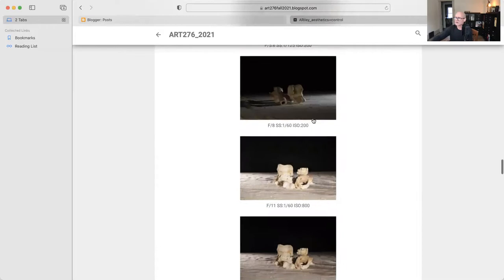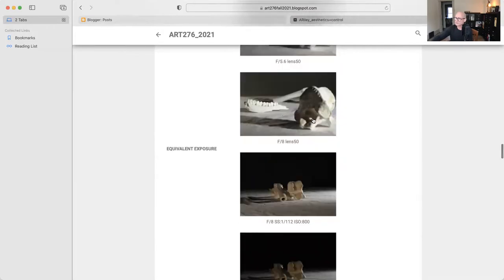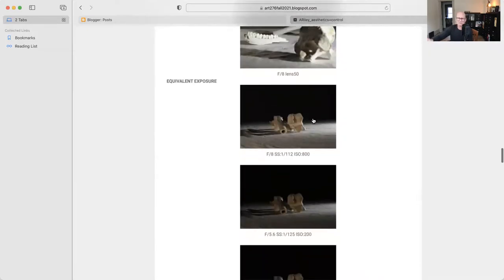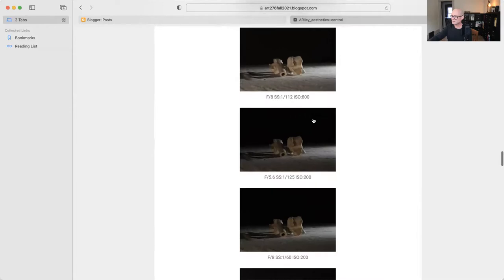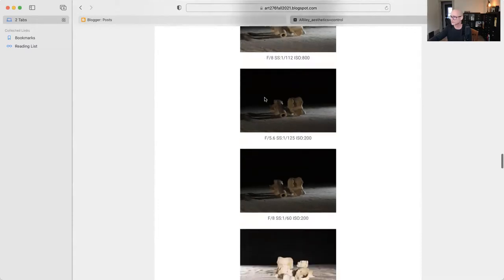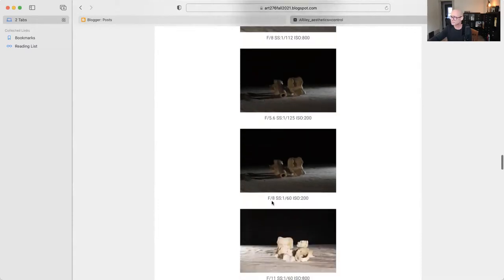Now, you kind of jump over here to the equivalent exposure. We'll take a look at that. That's just basically a math problem that we have to work out. We started off by asking you to set it up at f8, a 60th of a second at ISO 200. So here's your f8, 60th of a second, ISO 200.